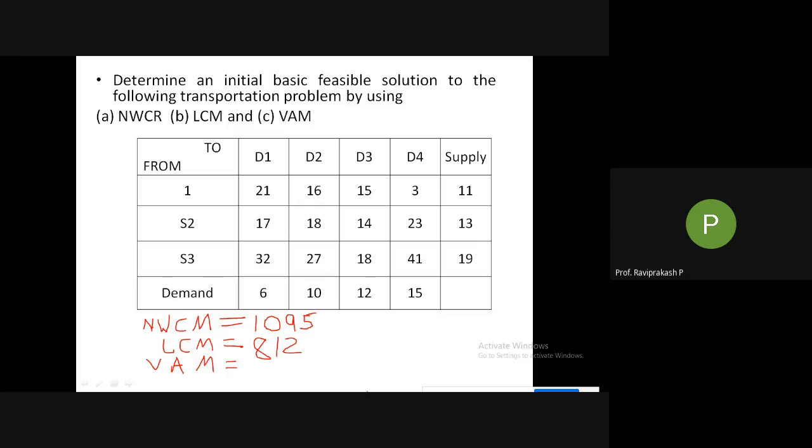No one else has completed the LCM method. It is correct. Why I ask you is so I get to know how many students have completed, that is the only reason. And there will also be a cross verification if there is any change in the values. So in both ways it is helpful for me.